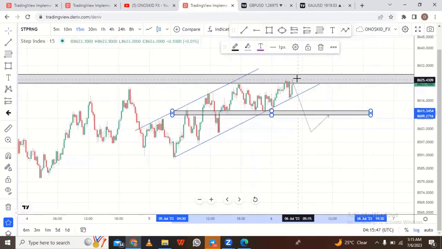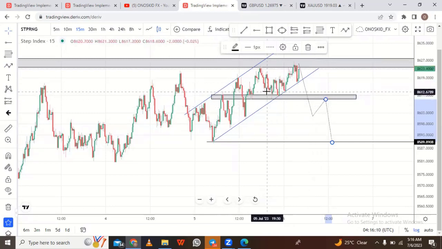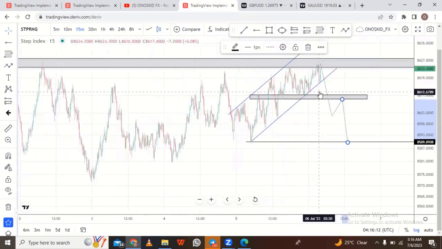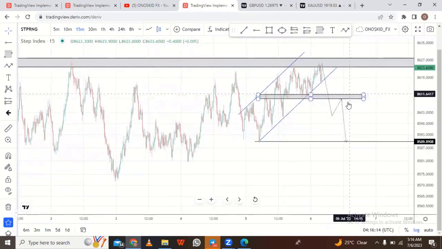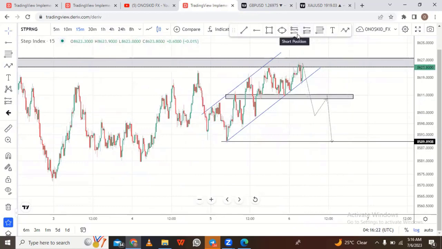For instance, when you are making entries from here, that is an aggressive entry. If I want to be very conservative in this particular market, this is what I am going to do. I'm going to wait for the market to break this particular zone and then retest it. Once the market retests it, I'm just going to enter from here. Okay. So these are two ways in which you can make entries in this market.